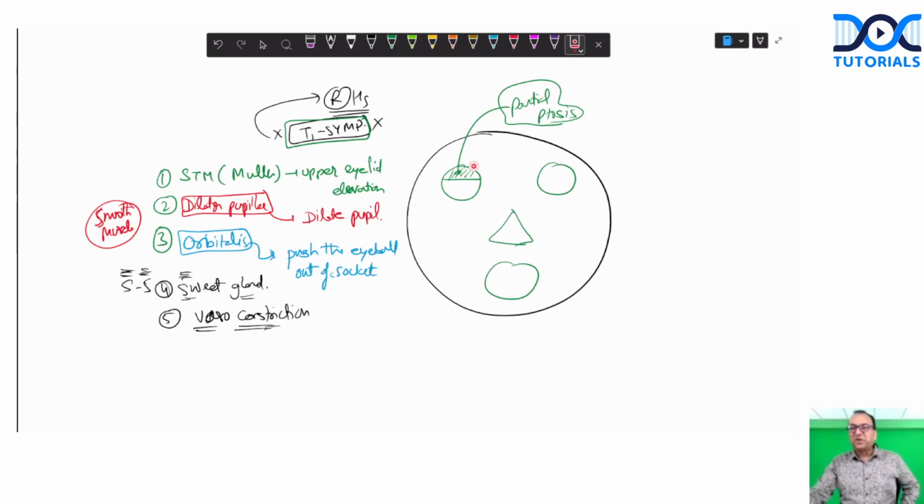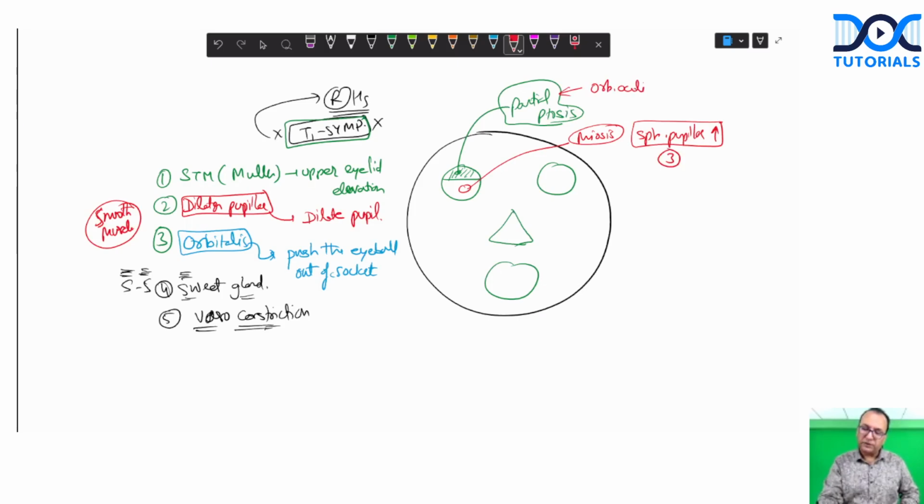See, the dilator pupillae is not working. If the dilator pupillae is not working, the patient will have miosis. Why? Because the sphincter pupillae, supplied by the third nerve, became more powerful. Just as there orbicularis oculi, supplied by the facial nerve, became more powerful.